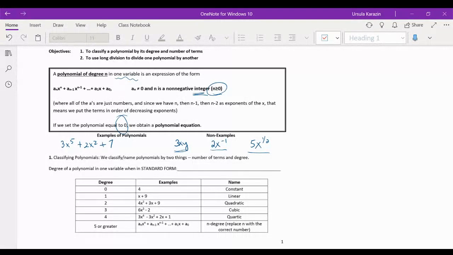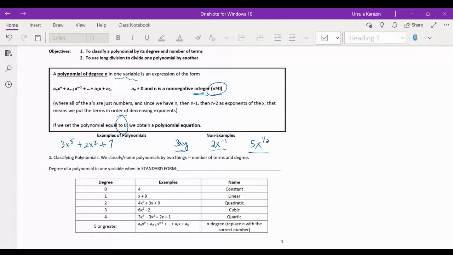So the first thing we're going to talk about is how we classify them, and these should be names that you're familiar with, but let's review them. We classify them or name them by two things: number of terms and degree.